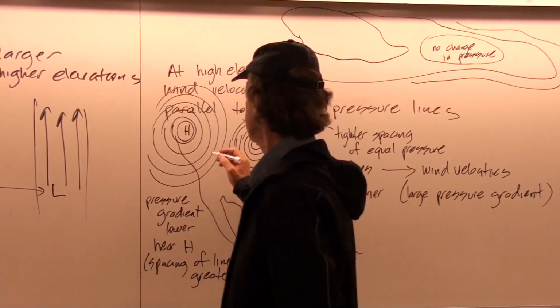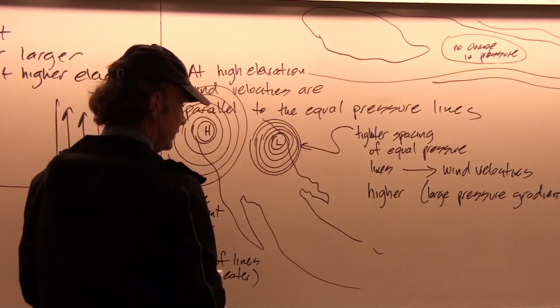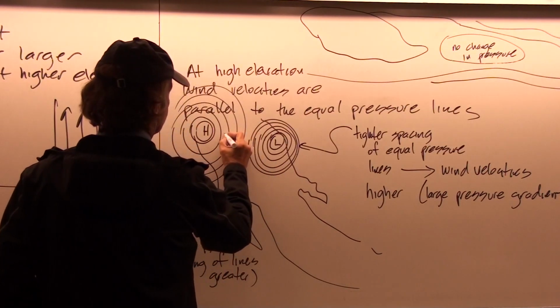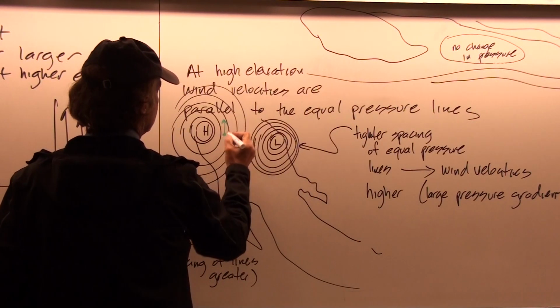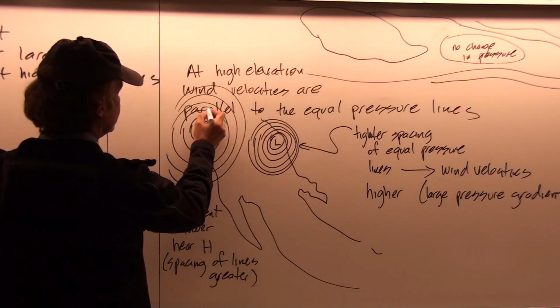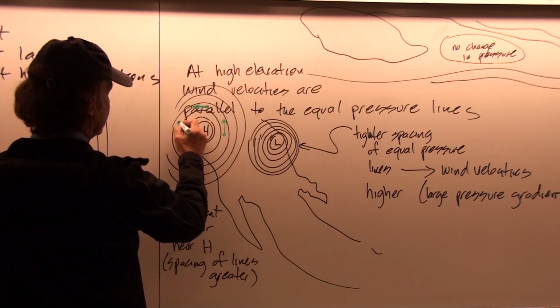But here, what we would see is that around the high at elevation, we want the velocity of the wind to be parallel to our equal pressure lines.